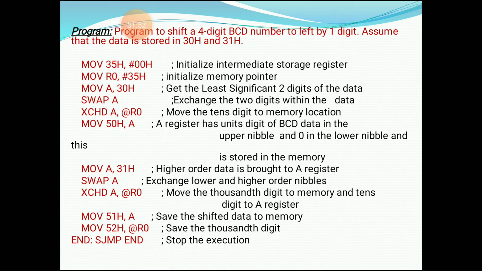So 1 2 3 4 becomes 2340H. This is the result after the operation. This result will be stored in two locations, 50 and 51H. 50H contains 40H and 51H contains the 23H result. So by combining these two results, we get 2340 as the 4-digit BCD number.